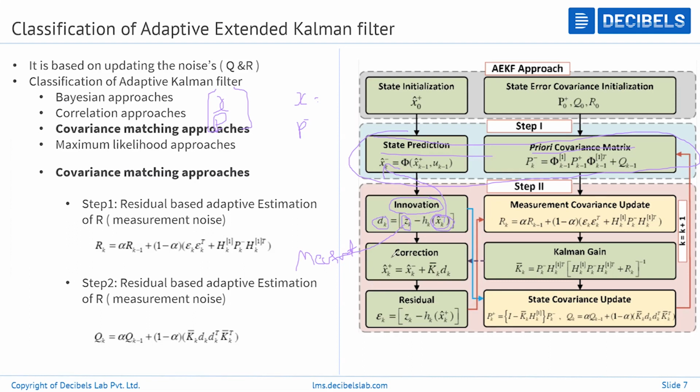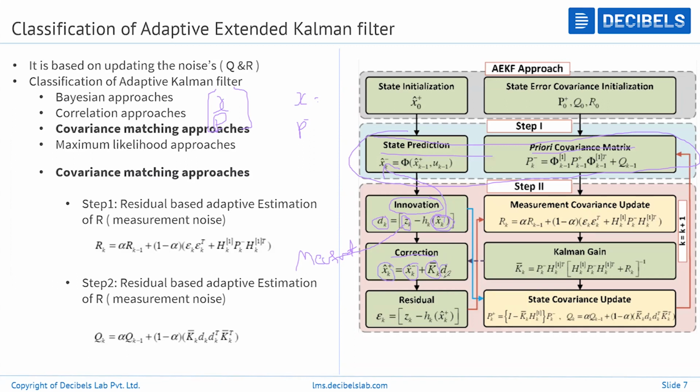Next you go for the correction step, which is nothing but the update step itself. You can see this is the Kalman gain, this is a predicted step, and this is the state update.